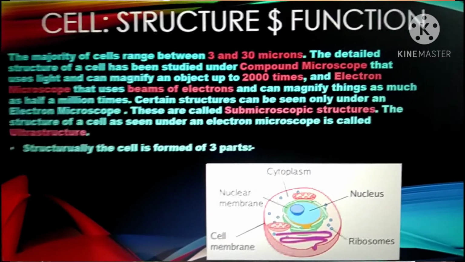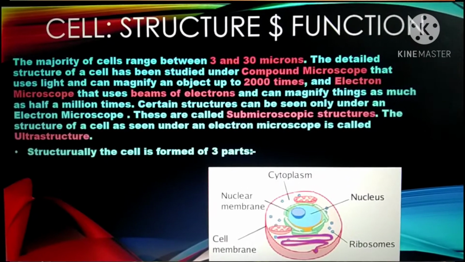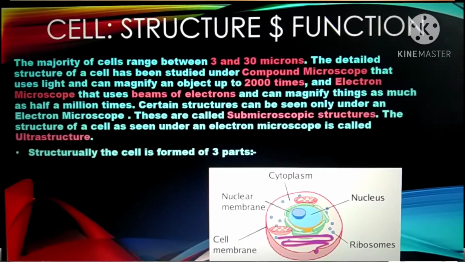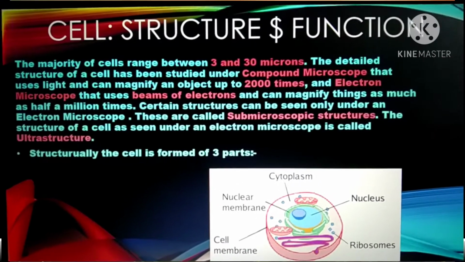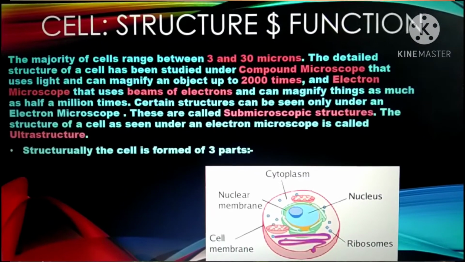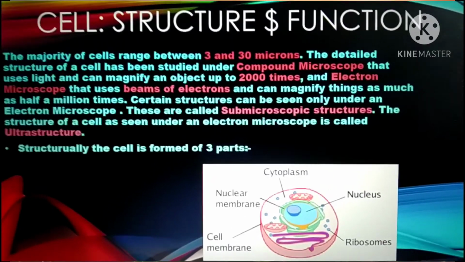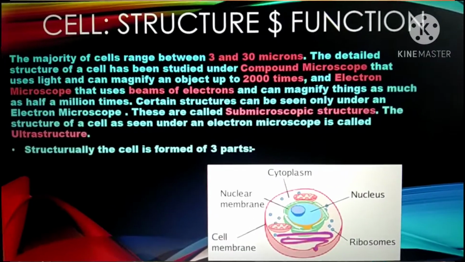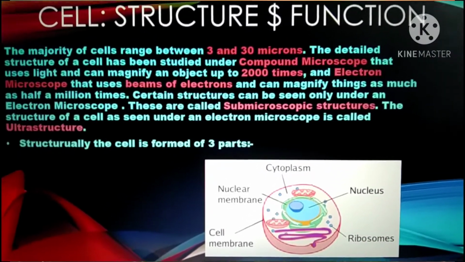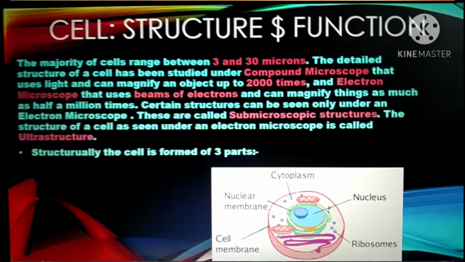Electron microscopes are better than compound or simple microscopes and help us magnify objects more clearly. Very tiny particles can be observed with them. Certain structures can be seen only under an electron microscope.